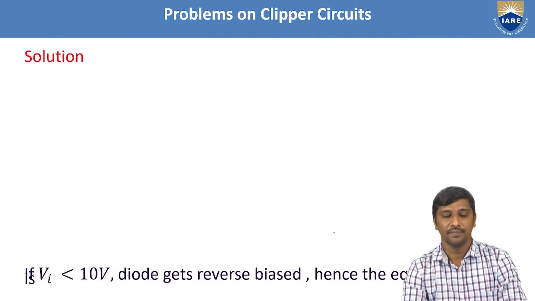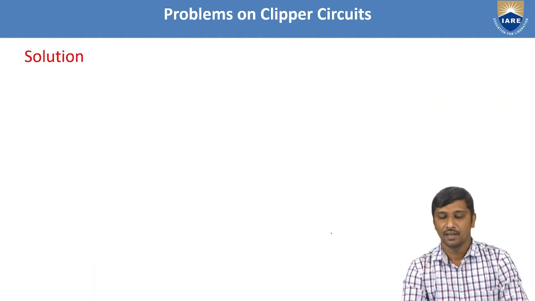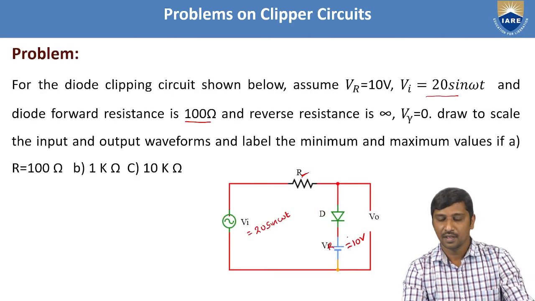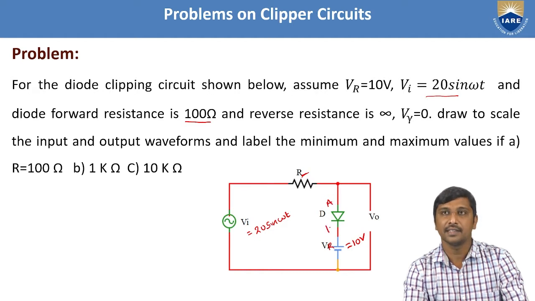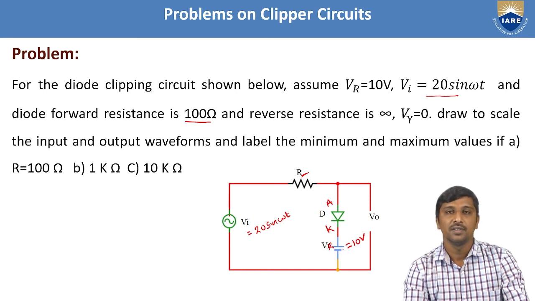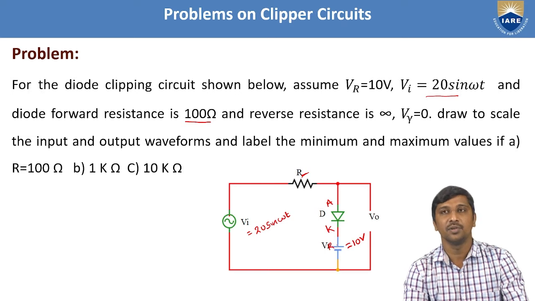Coming to the solution, if you observe this circuit diagram, in this diode, this is the anode and this is the cathode, and the cathode is connected to the reference voltage, that is 10 volts. First we need to identify at which condition the diode is conducting and at which condition it is not conducting, and by using these two instances we identify the output voltage for the given resistance values.